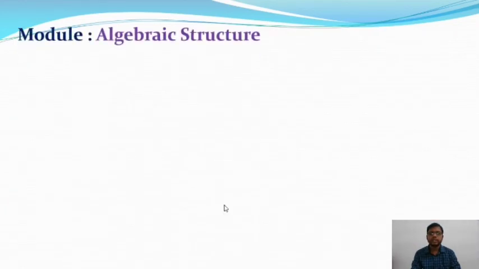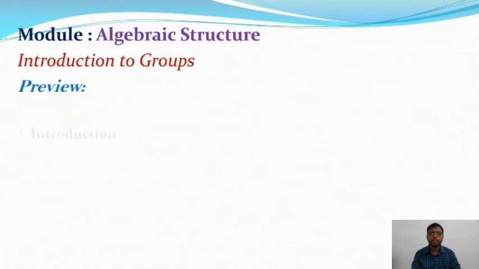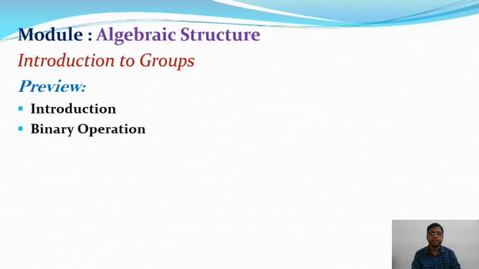Before we start today's lecture, let's quickly recall the last lecture. In the last lecture, we discussed the introduction of group. That was my first lecture on the module algebraic structure. We discussed the introduction of algebraic structure, then the binary operation on the group theory, and then the algebraic structure of group theory.